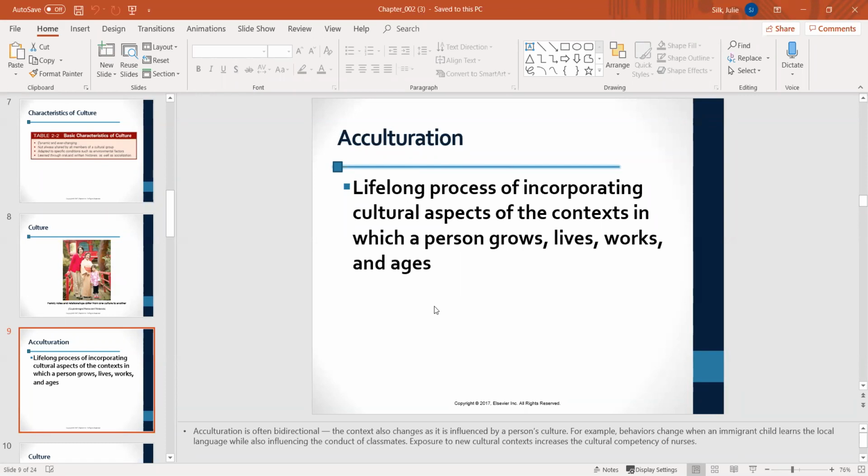Exposure to new cultural contexts also increases the cultural competency of nurses. So it's a good thing for us to be able to acculturate to other beliefs and cultures. If we have that knowledge, we're able to give more culturally competent care to people. So that's a good thing.